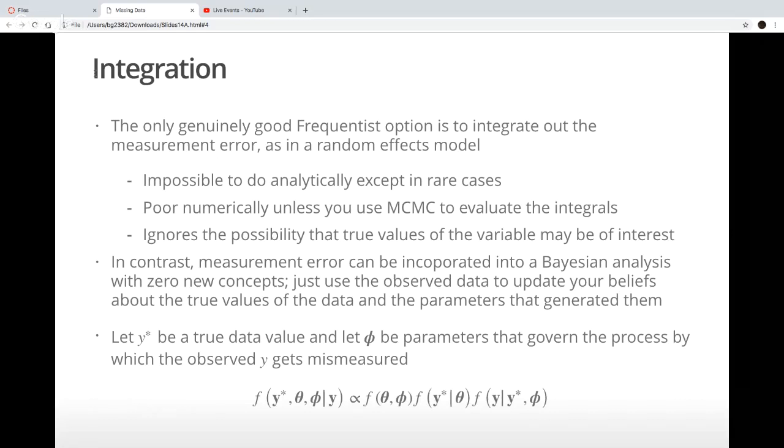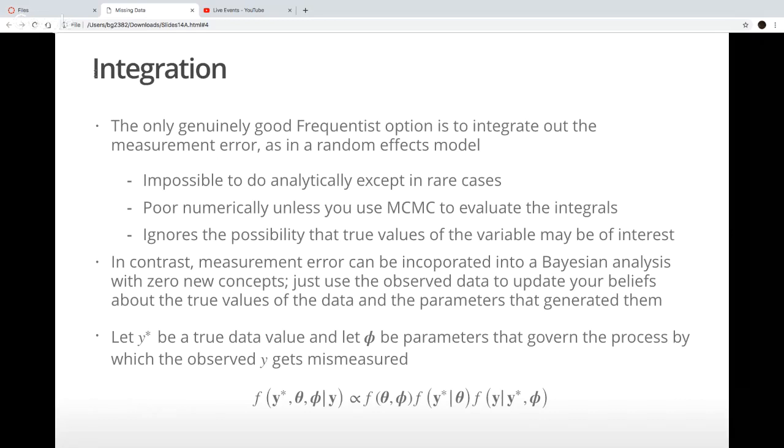posterior distribution. And if you don't actually care about Y star, if you only care about theta, then just ignore the draws on Y star and phi and focus on the posterior draws of theta. But conditional on the observed Y, theta and Y star and phi are not independent of each other.